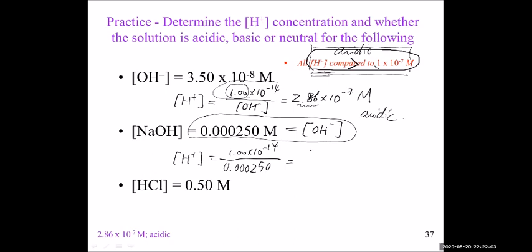So 1.00 times 10 to the negative 14 is the formula for these practice problems. Mostly you will see the last one is actually not. Only if your solution starts with hydroxide and asks you about the H plus, then yes, use the Kw divided by the hydroxide.